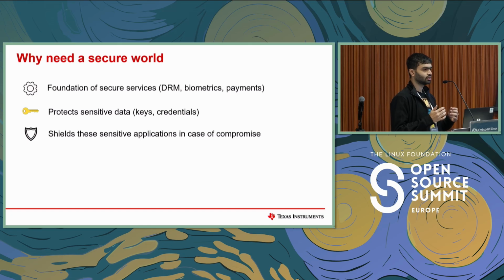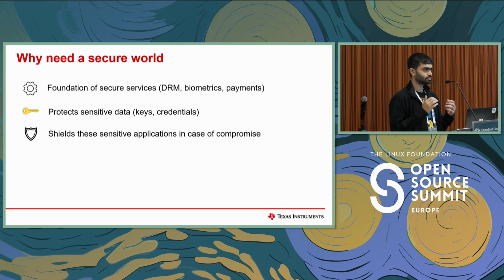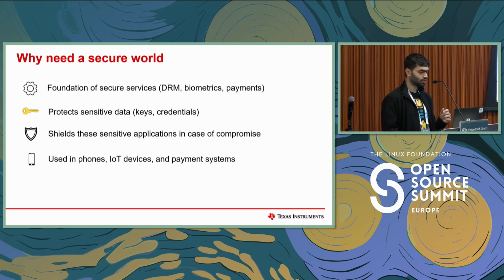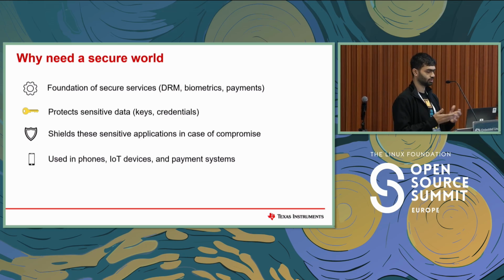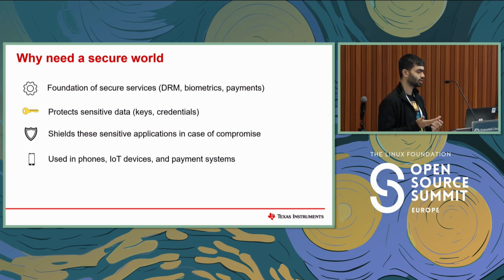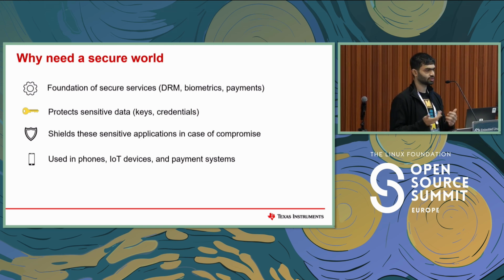So you want to separate these worlds out in a way that makes it safer for you in case it gets compromised. These technologies, the secure world and everything, are used in many devices today, like phones, IoT devices, payment systems, etc.